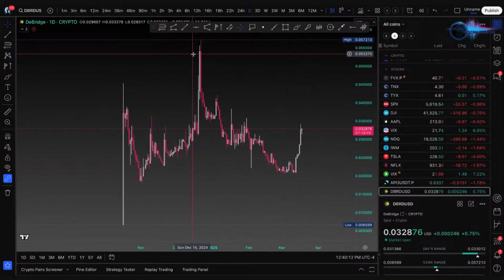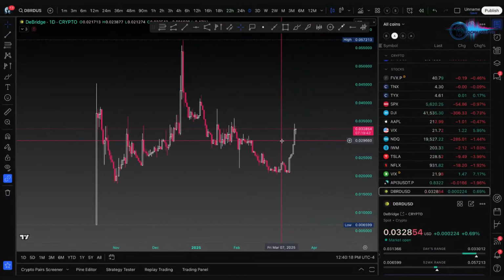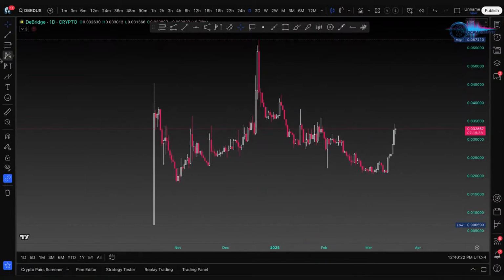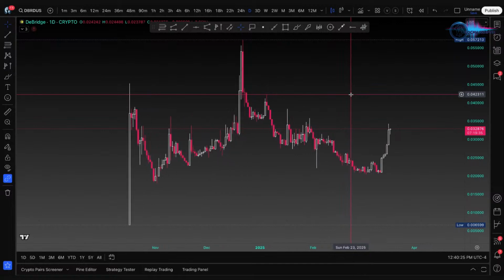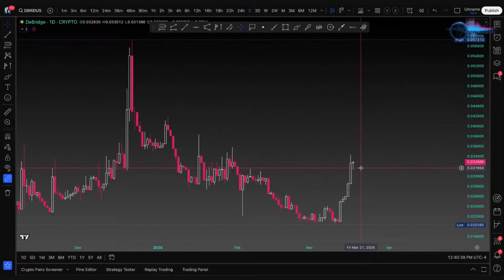Not sure what that's about, but for this one, this thing has quite a few imbalances on it. And as you can see, this imbalance over here came back down, filled everything, and even went lower. So I would definitely keep an eye out on these here. These are candles that they're going to want to come back to.